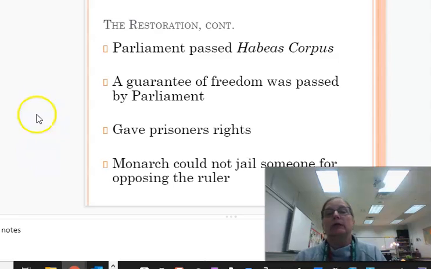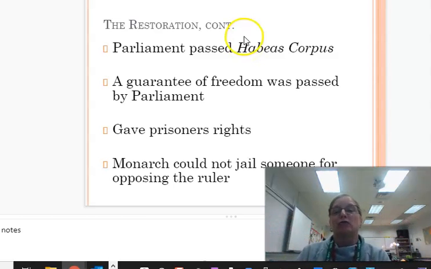So it's going to give prisoners protection, and it's going to prevent the monarch from putting people in jail because they oppose him. Because if you bring that before a judge, it's not going to have the evidence. By the way, this habeas corpus is so important, it's not even in the Bill of Rights, it's in the actual Constitution of the United States.